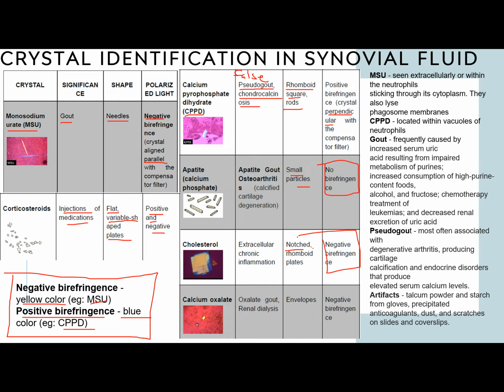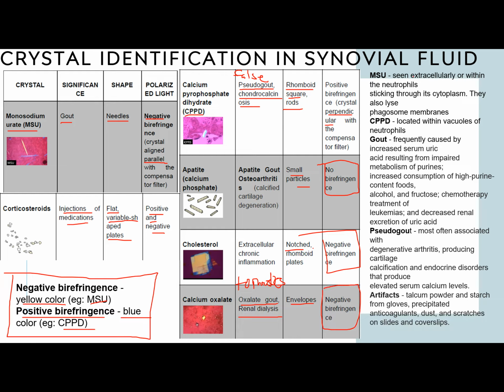Birefringence is negative. Then we have your CaOx or your calcium oxalate, seen in oxalate gout and renal dialysis. For oxalate gout, class, if you're the type of person who likes to eat tomatoes, the seeds of tomatoes, you could develop that type. They appear as envelopes and they have a negative birefringence.